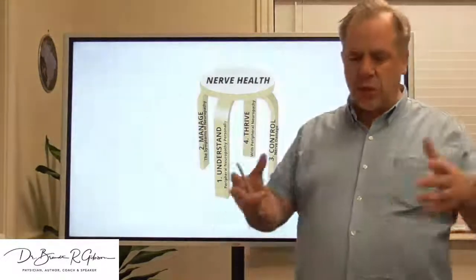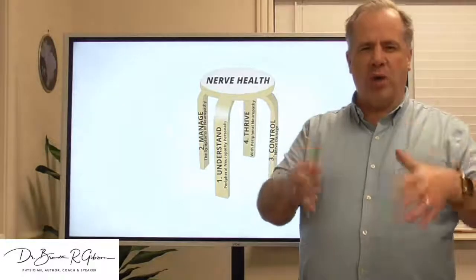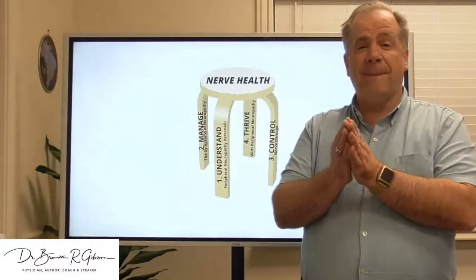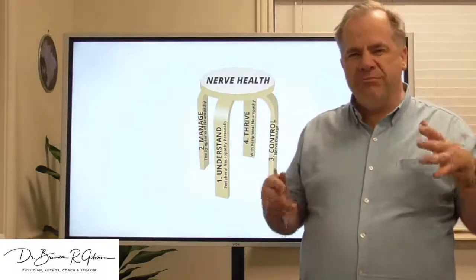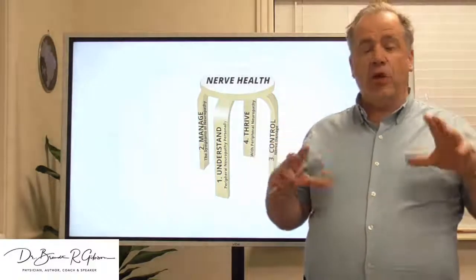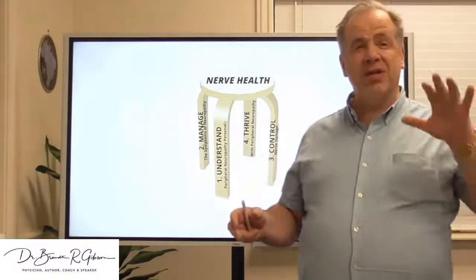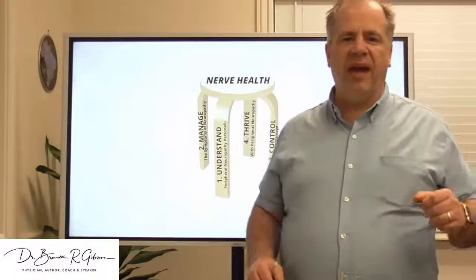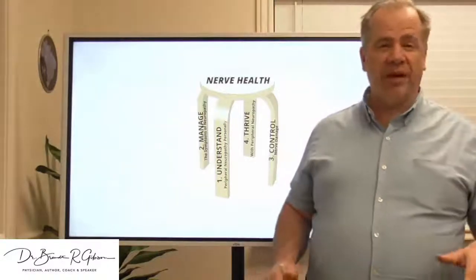So then what we do is we give you the tools to say, okay, now that we know what's going on, now that we're managing the symptoms most of the time, 80, 90% of the time, and we're controlling the nerve damage so it doesn't get worse, here's the tools so you can live the life you want to live, so you can live an extraordinary life and not have it interfere with your life on a daily basis.